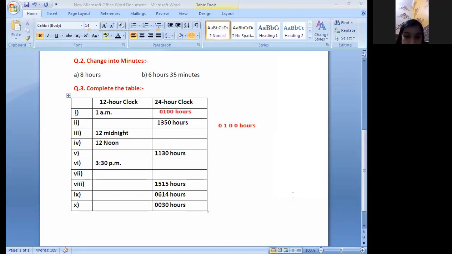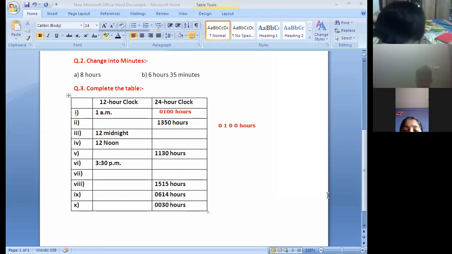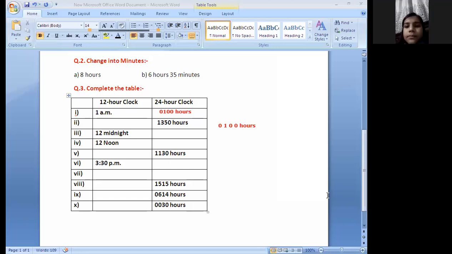Kinshuk and Harshita, your camera is still off. Both of you are listening to ma'am? Harshita, unmute yourself. Kinshuk, ma'am is going to just remove you from the class because you are still not following the class instructions. Harshita, speak something, beta.